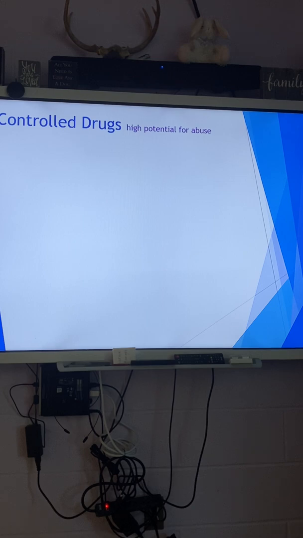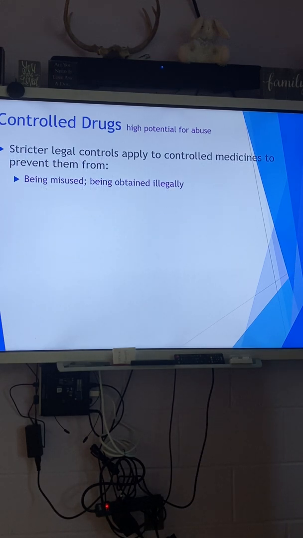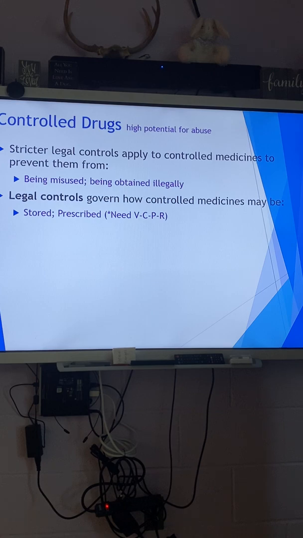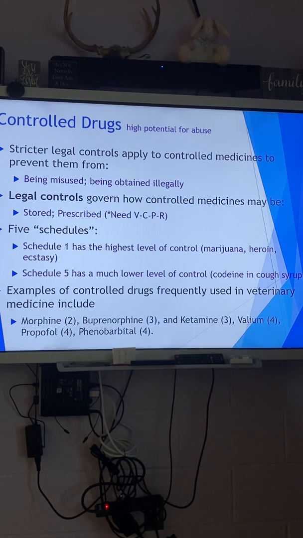So you've got to be really careful. These have legal controls. We want to make sure they're not being misused, so the owner's not using the drugs instead of the dog. They sell these drugs on the street corner.